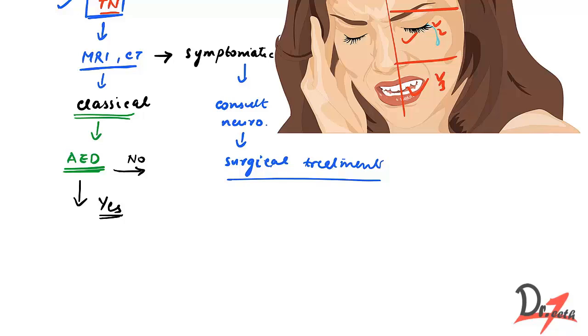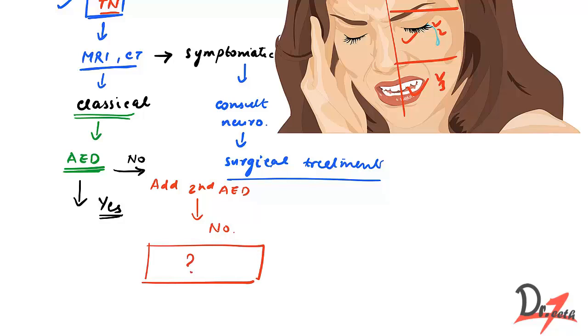If Pushpa doesn't get pain relief, you add a second AED, and then again you check if there is pain relief. If again there is no pain relief, then you have to reconsider your diagnosis. You have to think whether the patient truly fits the criteria or not. And if Pushpa fits the criteria, then you will go for surgical treatment because you are over with medicines now.